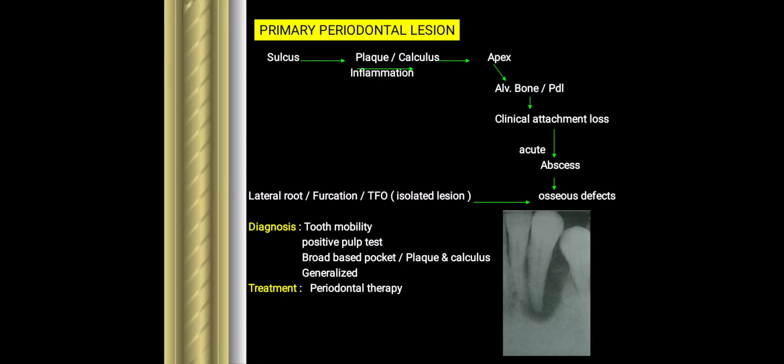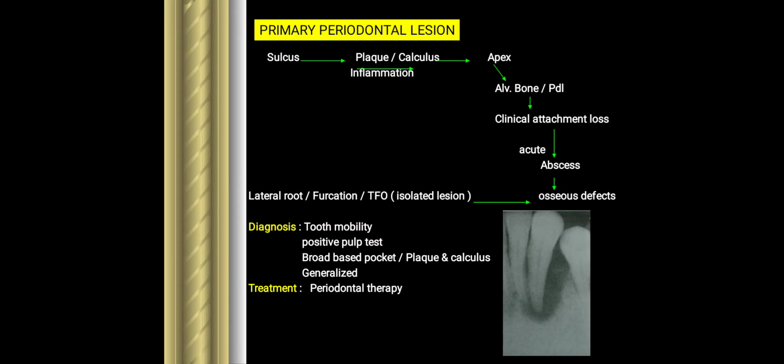For the primary periodontal lesion, the lesion will occur in the gingival sulcus, caused by plaque and calculus accumulation, which will cause gingival inflammation. If infection goes to the apex, then it will affect the alveolar bone as well as PDL. That will cause clinical attachment loss, and an acute abscess will be formed.